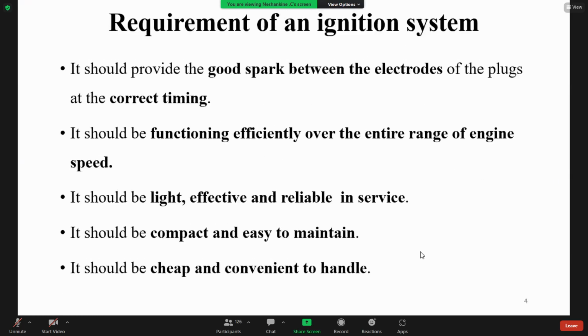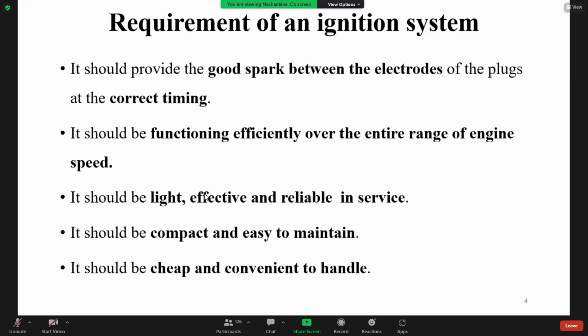Okay, next we will see the requirements of the ignition system. The ignition system should provide a good spark between the electrodes. We will discuss this later in the mechanism.